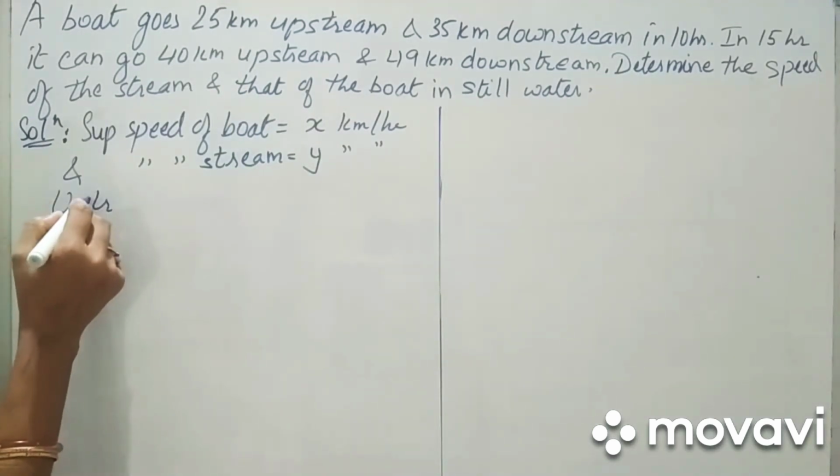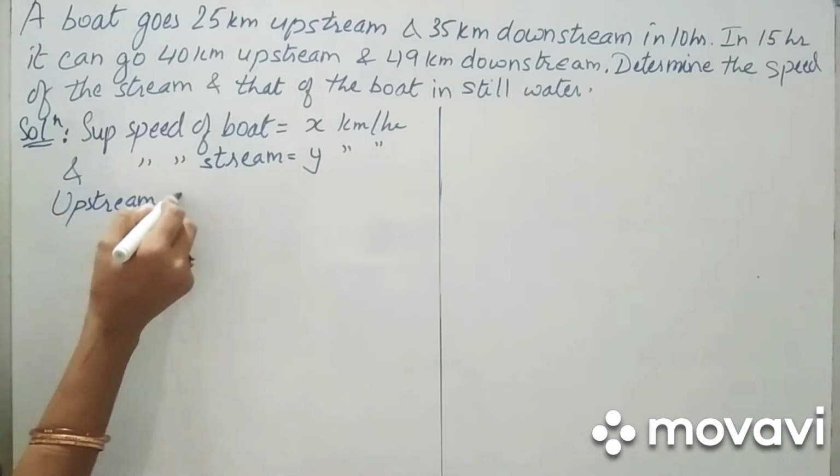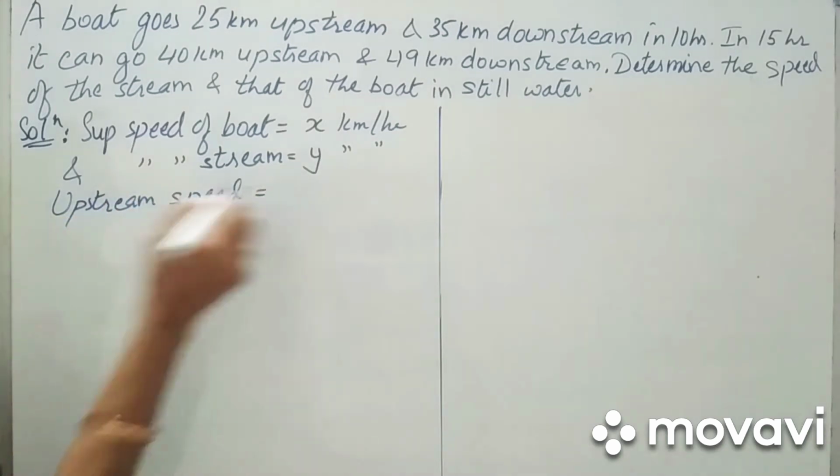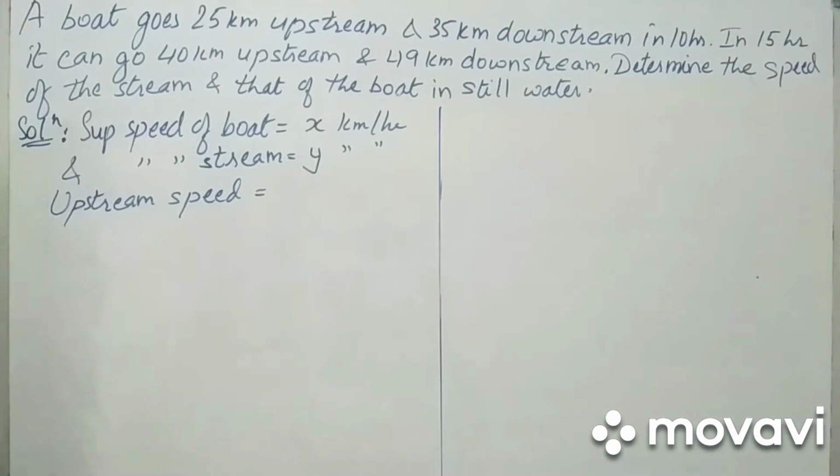Upstream speed is equal to. Now, all of you have experienced this while bicycling. If you are bicycling along the wind, then your speed automatically adds up.